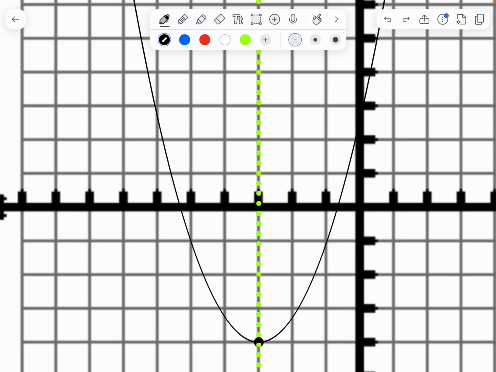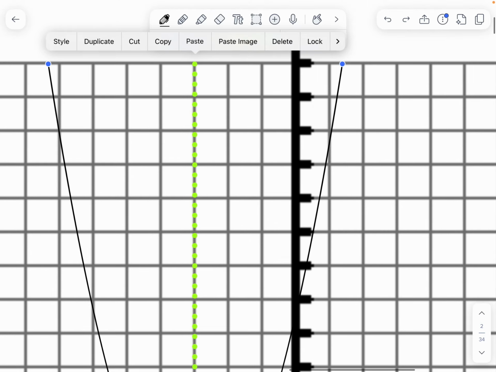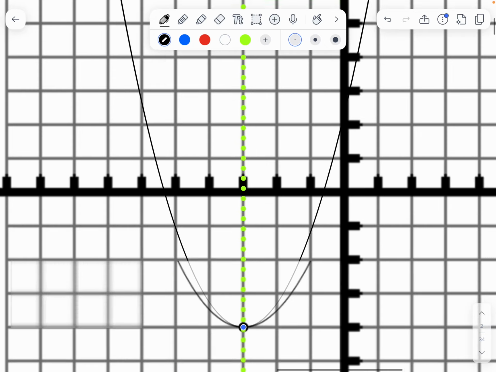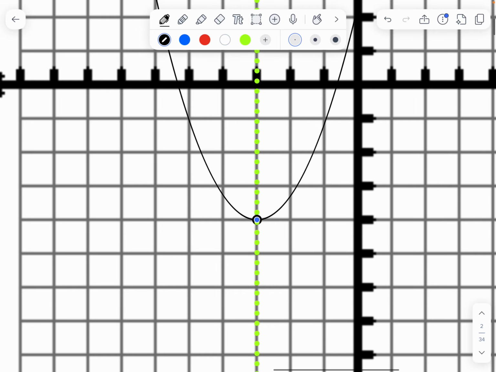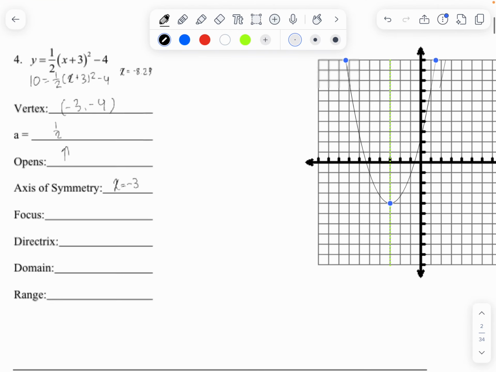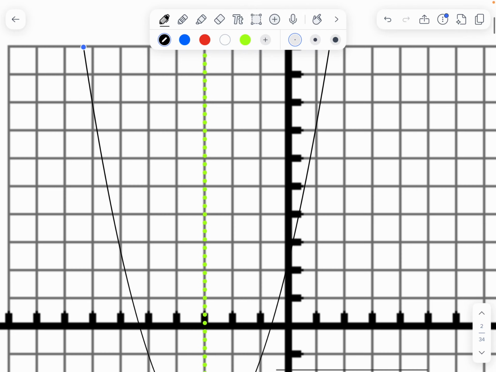Okay, but now, yeah, notability graphs aren't really the best for parabolas, because now if you look here, that's not really 1/2. Yeah, and I graphed everything right too. If you guys know what's wrong with the app, let me know.